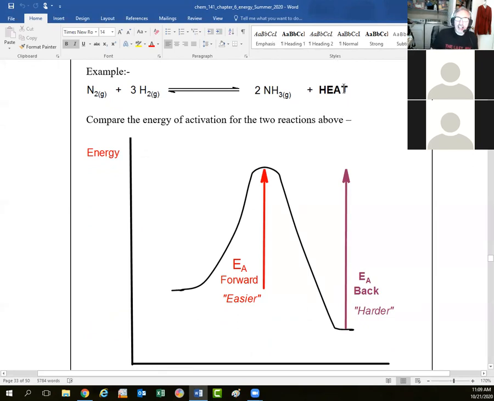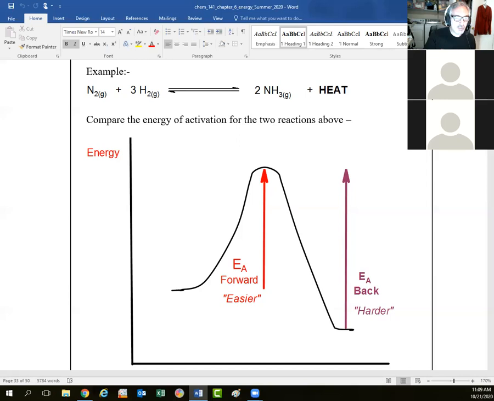We can recognize the exothermic reaction because that heat term, or as we sometimes have an actual energy value in kilojoules or calories, looks like a product coming out of the reaction. So we start with these chemicals, we finish with these chemicals and the energy. So from left to right, energy is coming out. The forward reaction is exothermic.